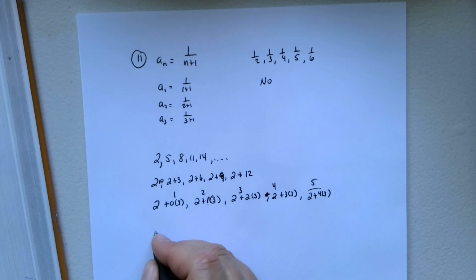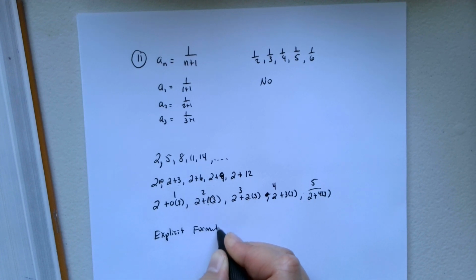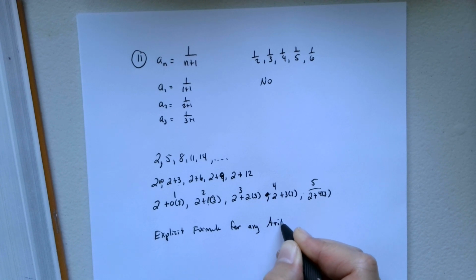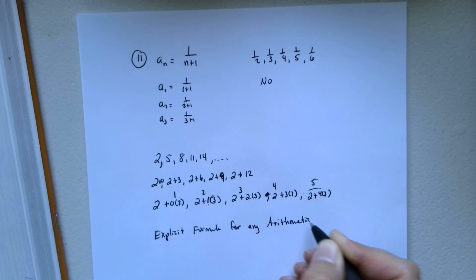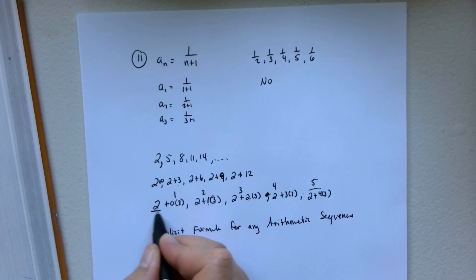And so this is hopefully leading us to the explicit formula for any arithmetic sequence. And so this was our first term. Well, let me write it like this: a sub n.